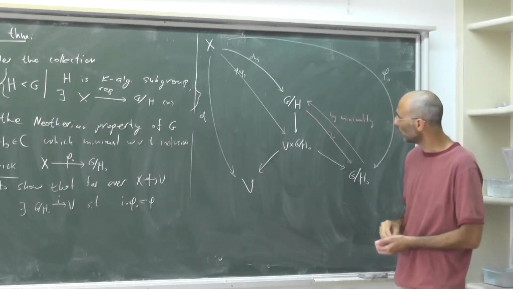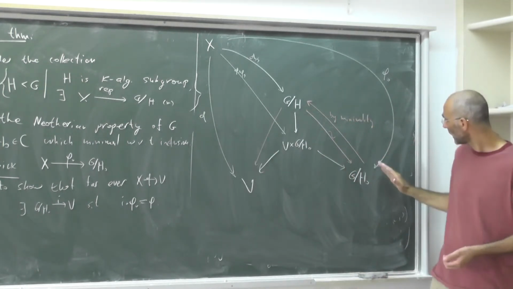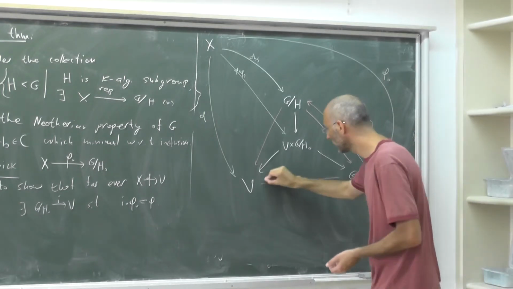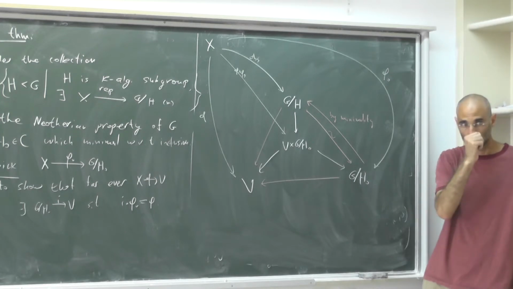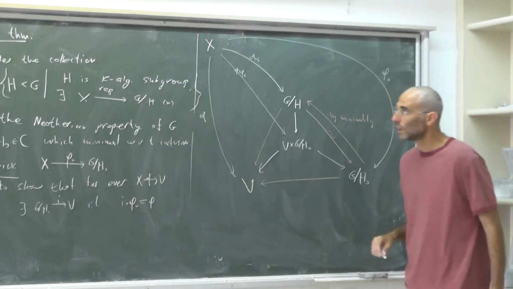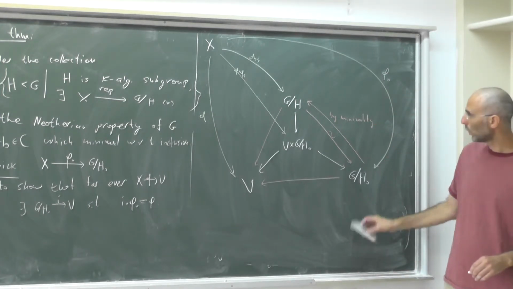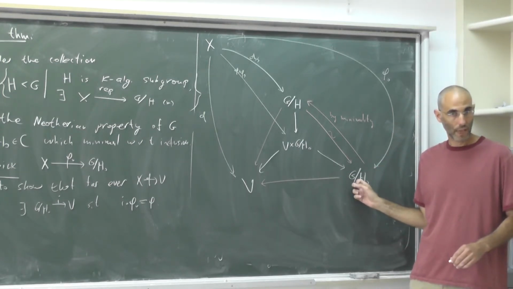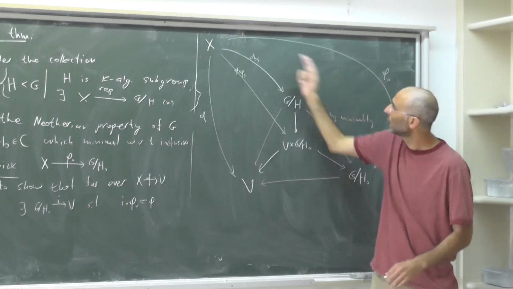And of course I do have this map over here. And now, composing, I'm getting this one, and the green one. And so this shows that for every V, I'm having a map from this guy to this, which commutes with these two terminals.